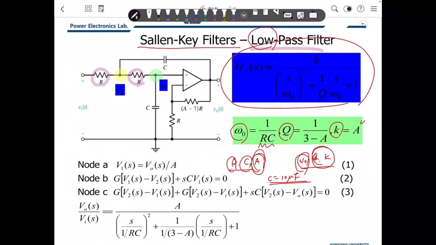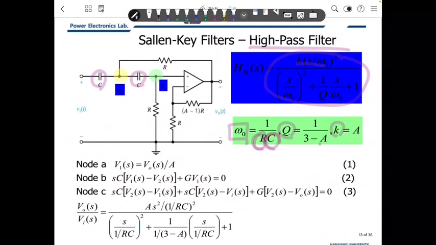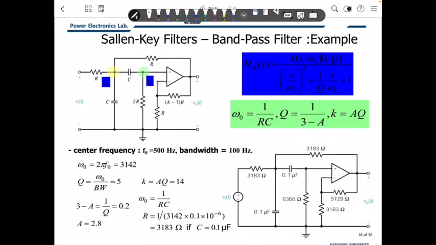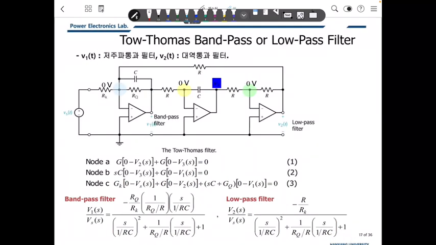But K and Q are coupled, determined by only A. So if we define K, then Q is determined. But if we define Q, then K is dependent on the variables.